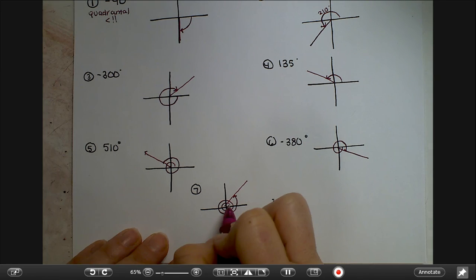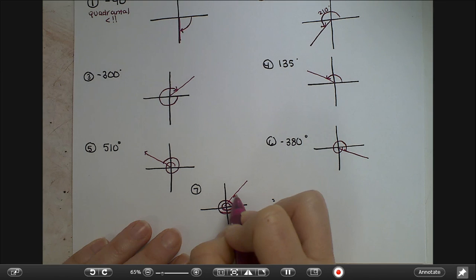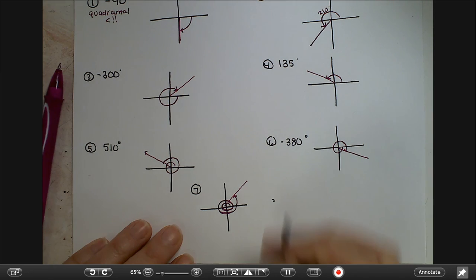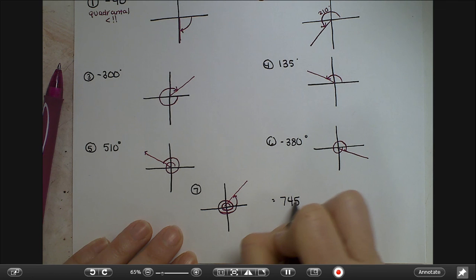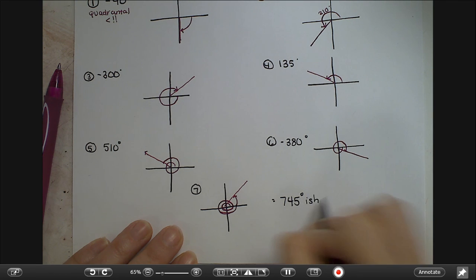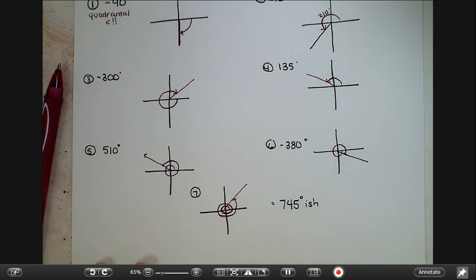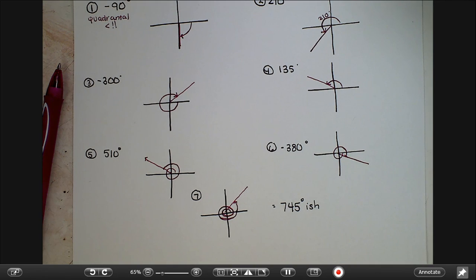We went around one, well, first of all, we're going in the positive direction, and then we went around one time, another time, so that's 720, and it looks like maybe 40 more. So 740, 745 ish. All right, that's it. That's all there is to graphing angles in standard position.